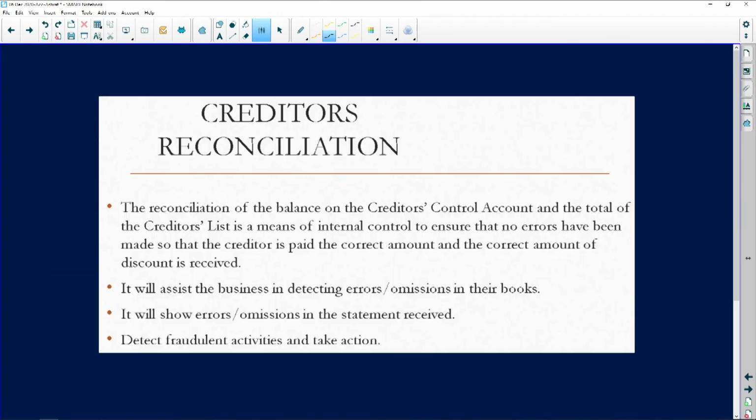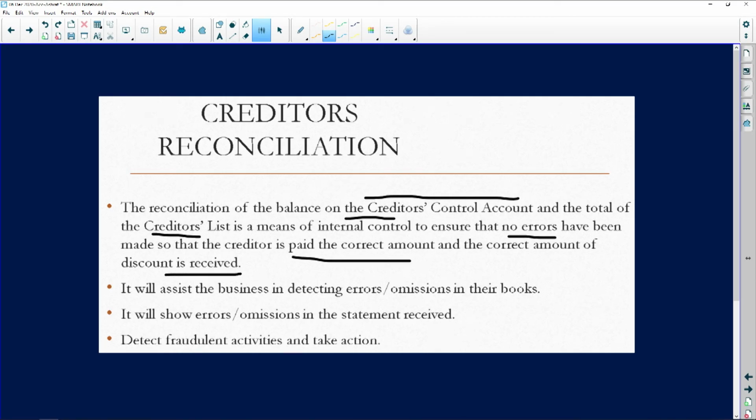Okay, we spoke about this earlier on, and here's a question that says the reconciliation of the creditors control account and the creditors list is an internal control measure, right? We know that, to ensure what? No errors have been made and that the creditor is paid the correct amount and the correct discount is received.